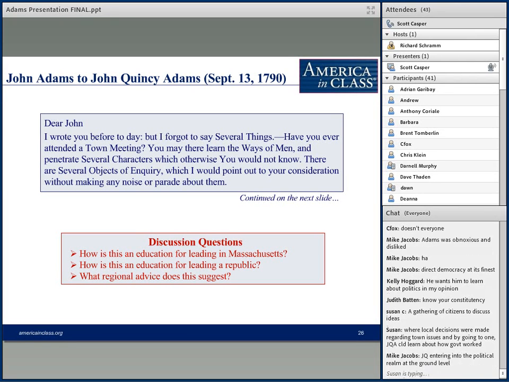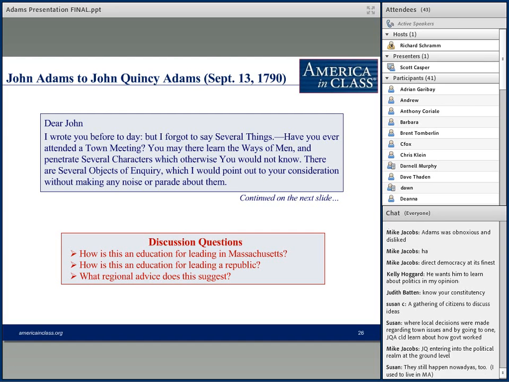The town meeting goes back to 17th century New England. So, in a sense, John Adams definitely wants his son to get to know the constituency and to know about politics. And it's a very regionally specific kind of politics that John Adams is sending his son to know.